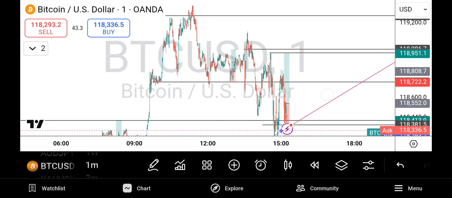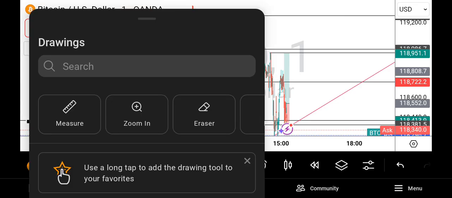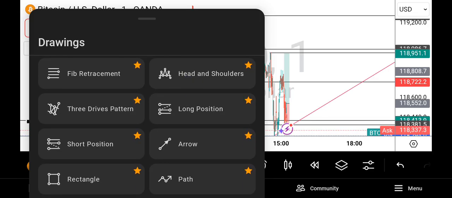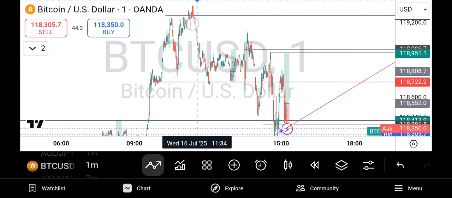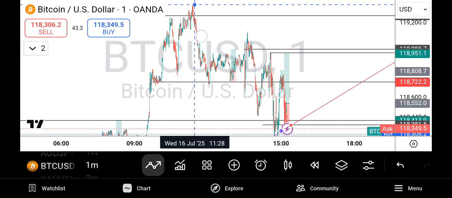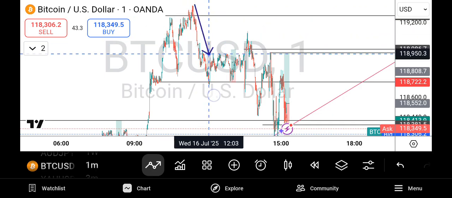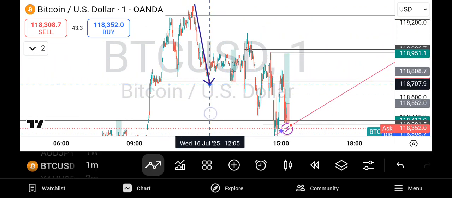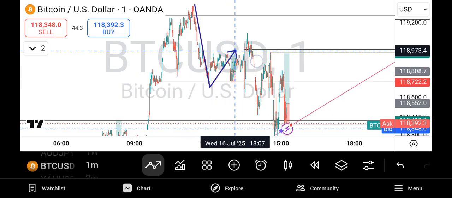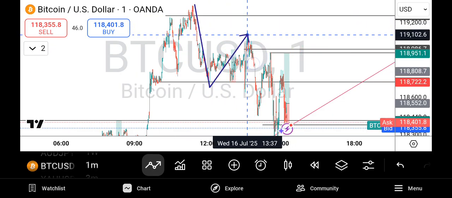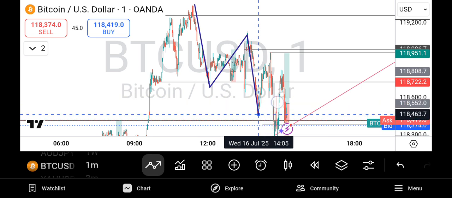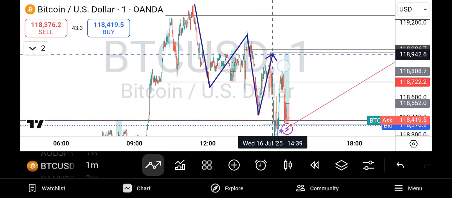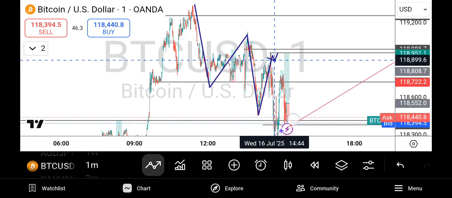So the market structure again. This is the market structure. Stop up here. That's the higher high, lower low, higher high, lower low, lower again, higher high, which is what we are marking.